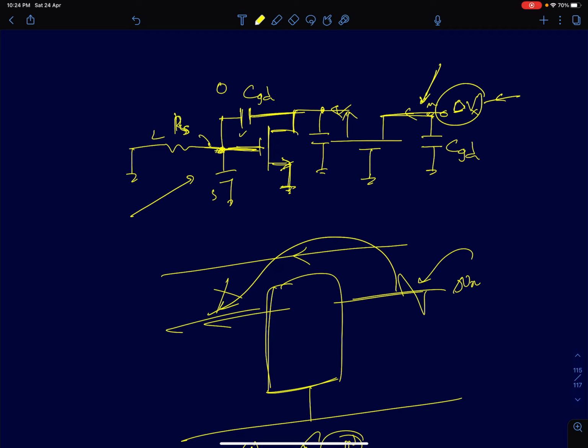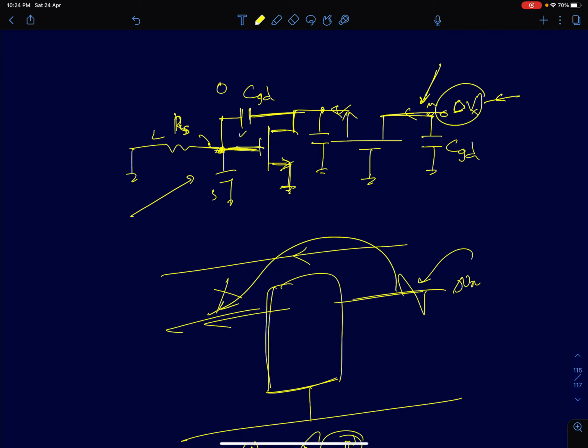The comparison is always with the common source. We also saw the 3 dB bandwidth is lower in cascode. You don't really get bandwidth advantage if you're driving capacitive loads. In that case the advantage is mainly in terms of the DC gain, and the gain bandwidth product remains the same. It's very similar to a common source amplifier.